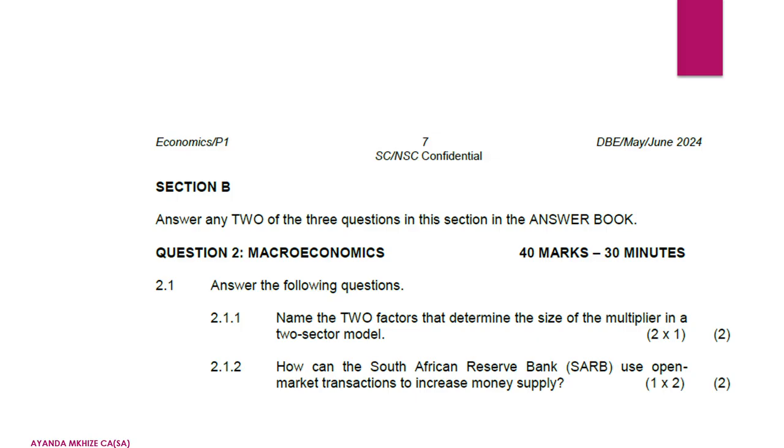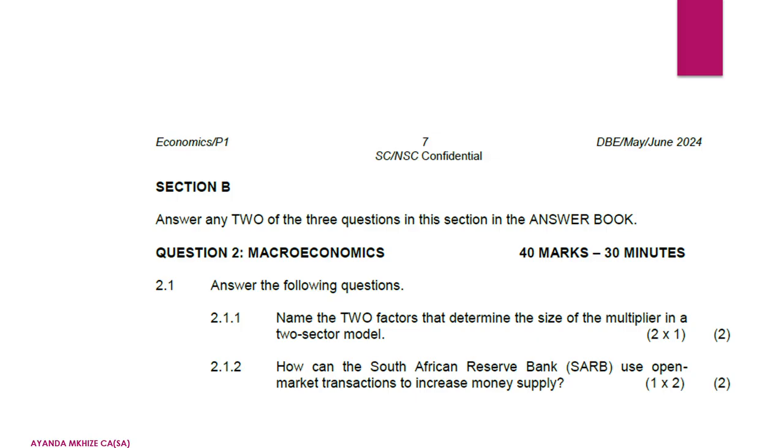This effect is driven by the fact that one person's spending becomes another person's income, which then leads to further rounds of spending. The size of the multiplier is determined by the marginal propensity to consume, which is MPC, and the marginal propensity to save, which is MPS, right?